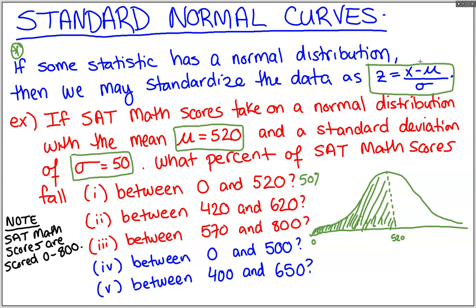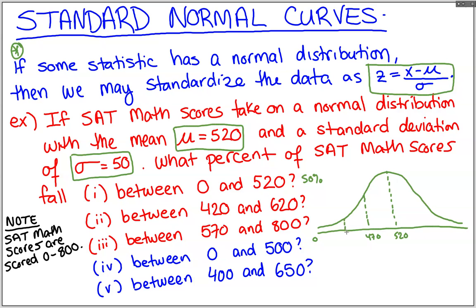Okay? Now, I'm just going to erase that shading I did. And so we can say 50% falls between 0 and 520. Okay, now let's add some standard deviation. So what's the standard deviation? 50, right? So what would be one standard deviation below the mean? It would be mu minus 50, so that would be 470.